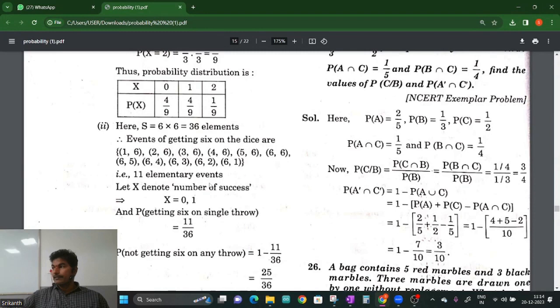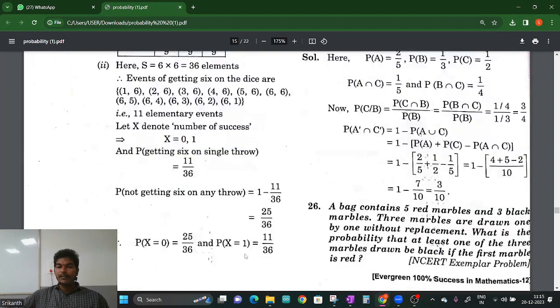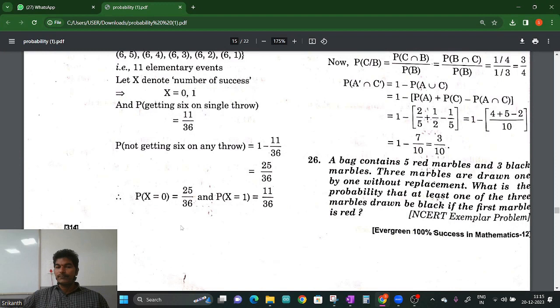What about 1 6, 2 6, 3 6, 4 6, 5 6? Totally 6 plus 5, 11 times. So 11 out of 36 is called success. Automatically 25 out of 36 will be failure.